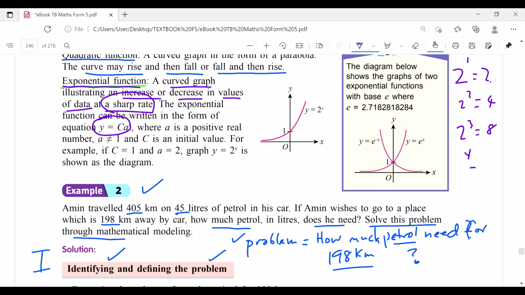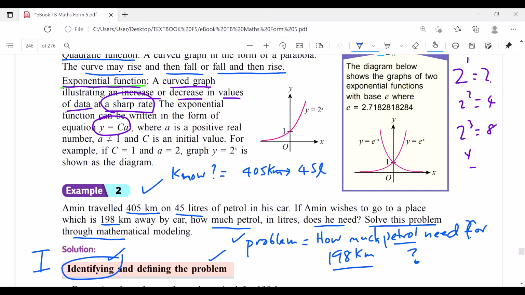Then next, what do you know? You know that the distance travelled for 405 kilometers will need 45 liters.